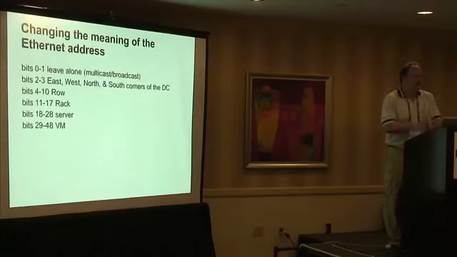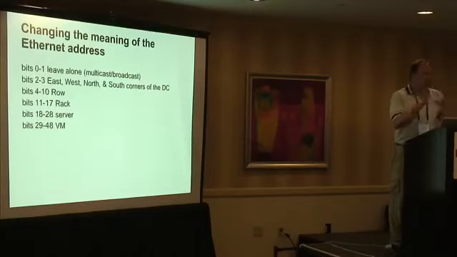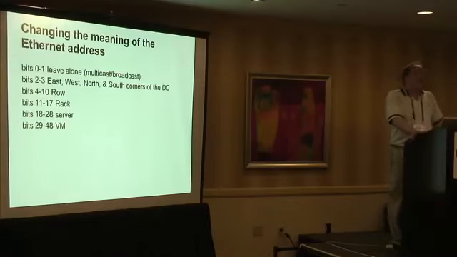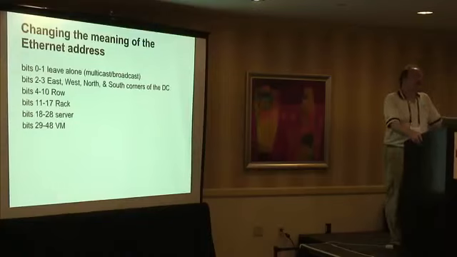So let's say we were going to mess with the Ethernet address, just the destination Ethernet address. And in this data center, when a VM ARPed to talk to another VM, we had an ARP server, and that ARP server would give it kind of a fake Ethernet address. And that fake Ethernet address would have some structure to it.